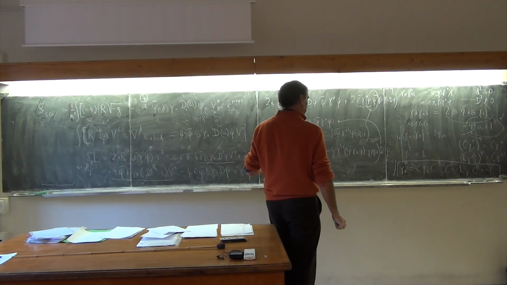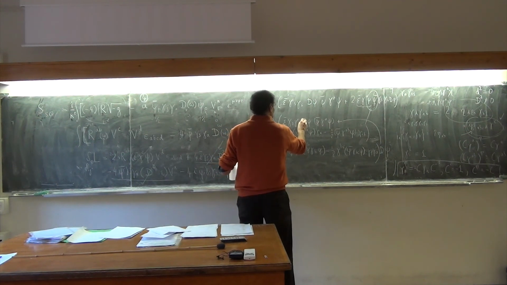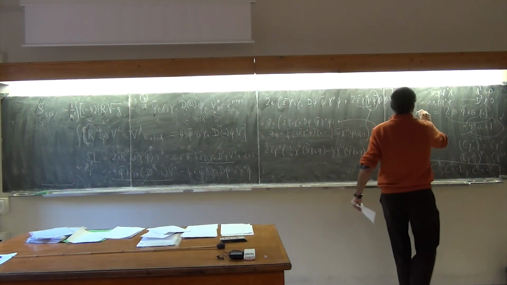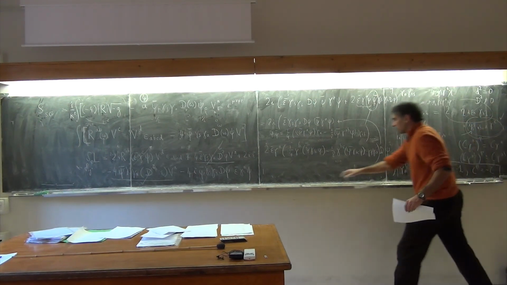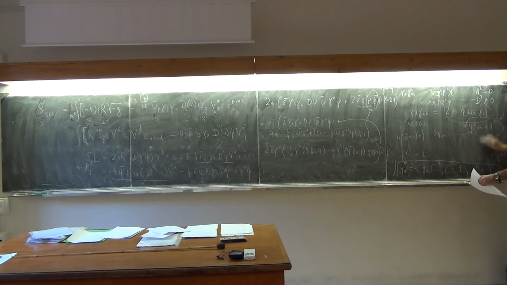Yes. Good. These are the 2 terms. They become this plus this. Now, here I add another little identity for gamma matrices that tells you that whenever you sandwich a 2 gamma matrix in this way, it gives you 0 in 4 dimensions.